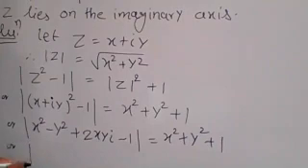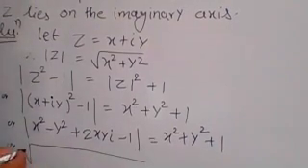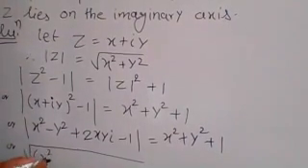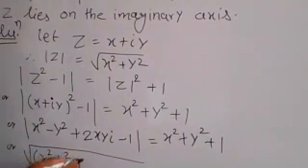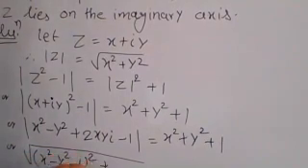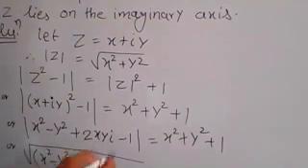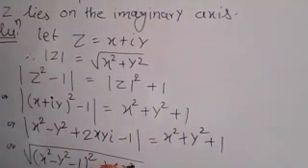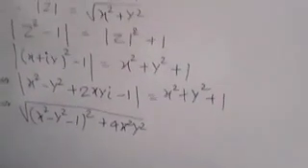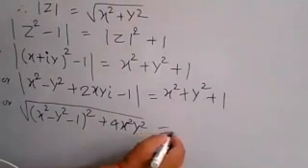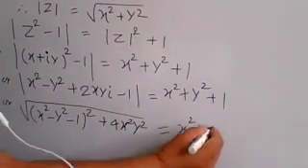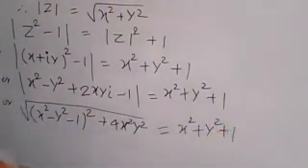So that can be written as under root x square minus y square minus 1 whole square plus square of imaginary part, so you have 4 times x square y square, and this is equal to x square plus y square plus 1.